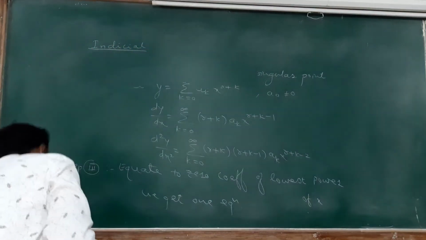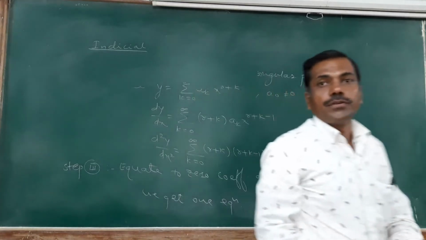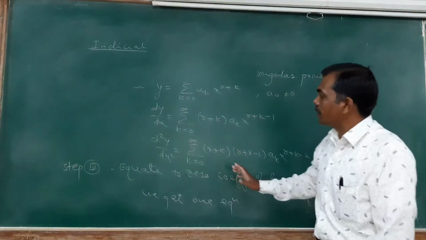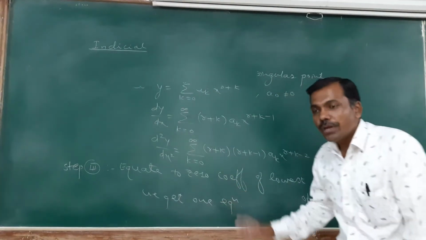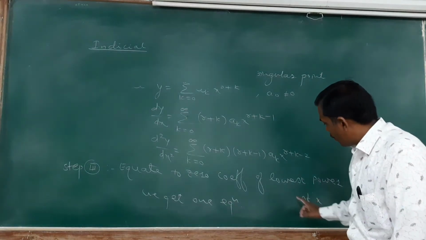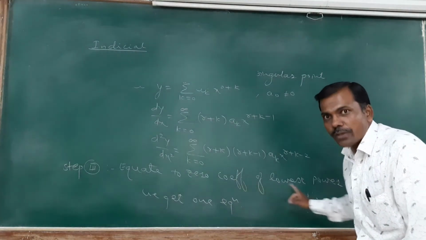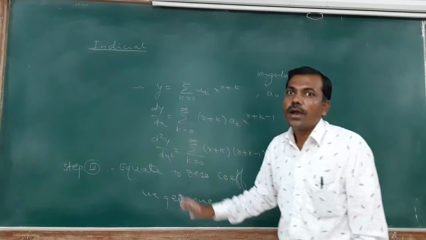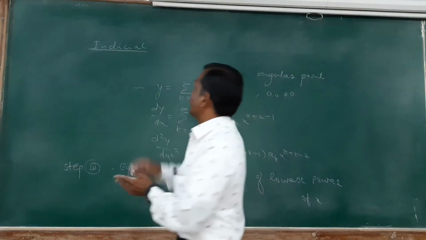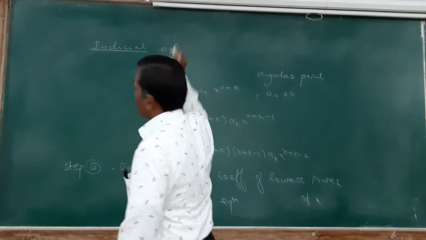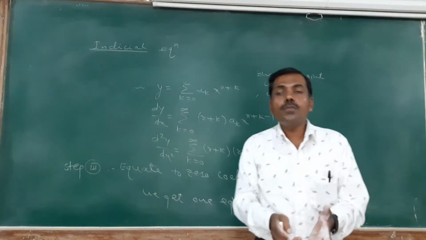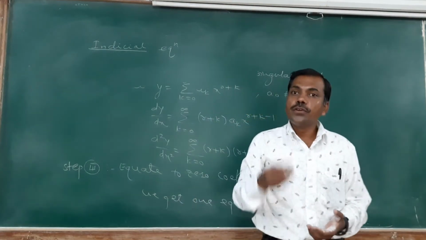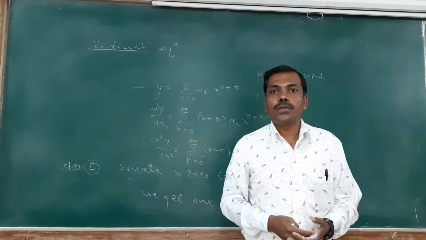Whenever I substitute and equate the coefficient of the lowest power of x equal to 0, I get the indicial equation. And the roots of this indicial equation give the complete solution.